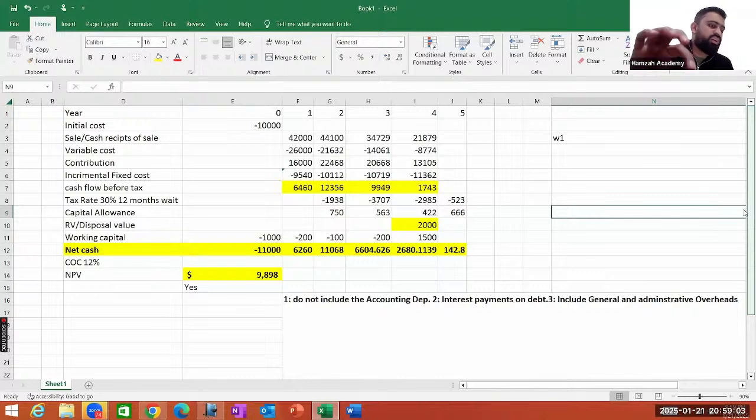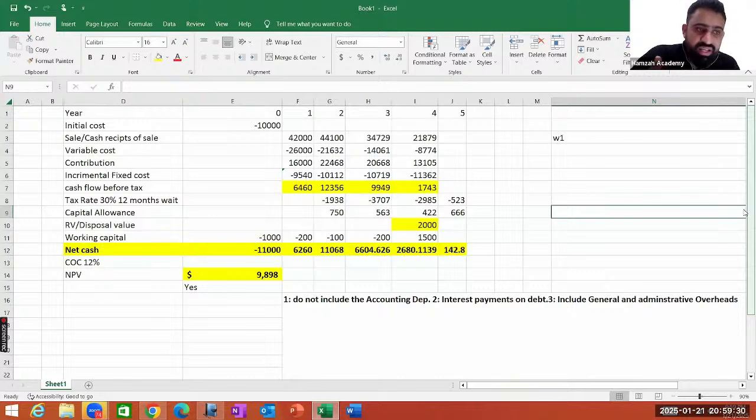Now, I discussed the items which should not be included, like depreciation, interest payment, general and administrative overhead. And we discussed the advantages and disadvantages of the NPV. And we concluded that NPV is the best method to appraise the project. So now we will close the class.